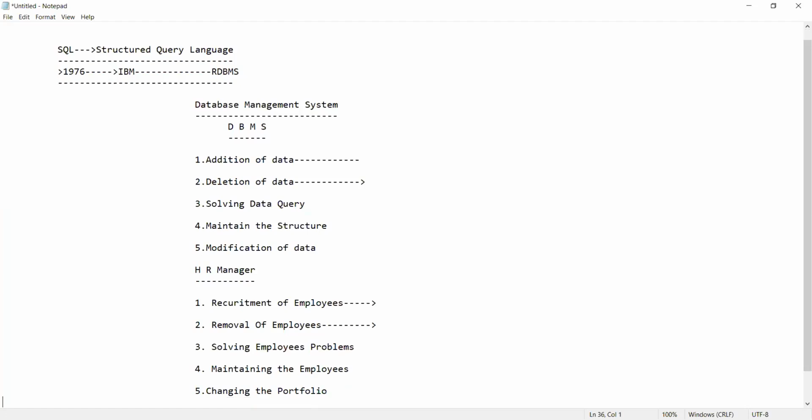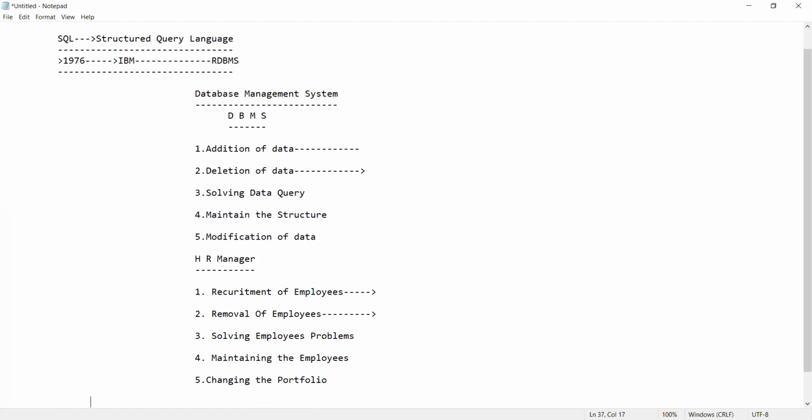Changing the portfolios means what, guys? One of the employees got promoted. So his designation will be changed or not? Tell me. Obviously, his designation will be changed. One of the employees got the promotion.